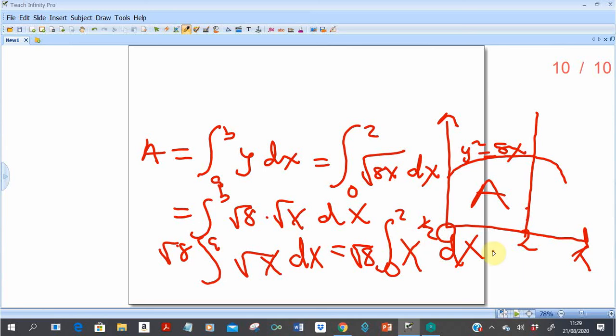Now that it has been simplified that way, we can integrate, because it looks like one of the standard or important results. So we have root of 8 outside.